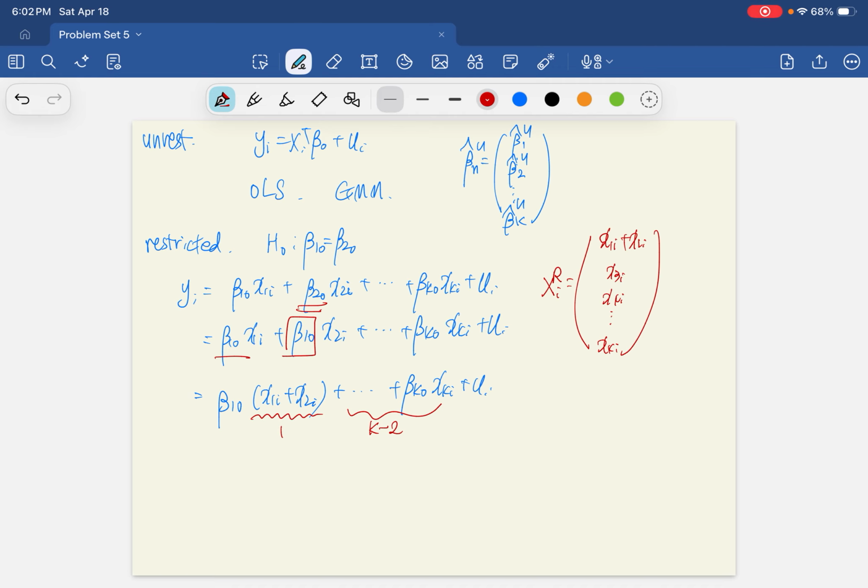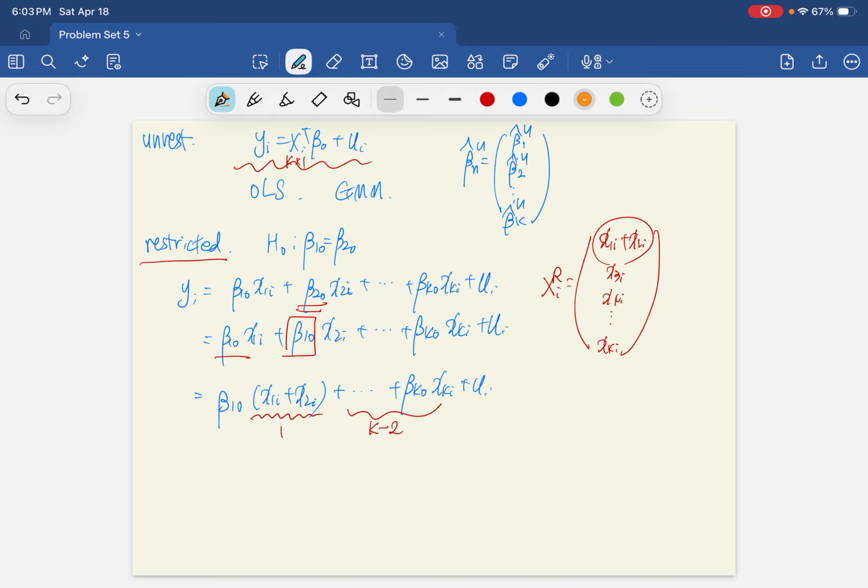In the original unrestricted model, the regressor vector x is a k by 1 vector, but in the restricted model, you have to reduce one parameter. So the number of coefficients is k minus 1. So something has to change.